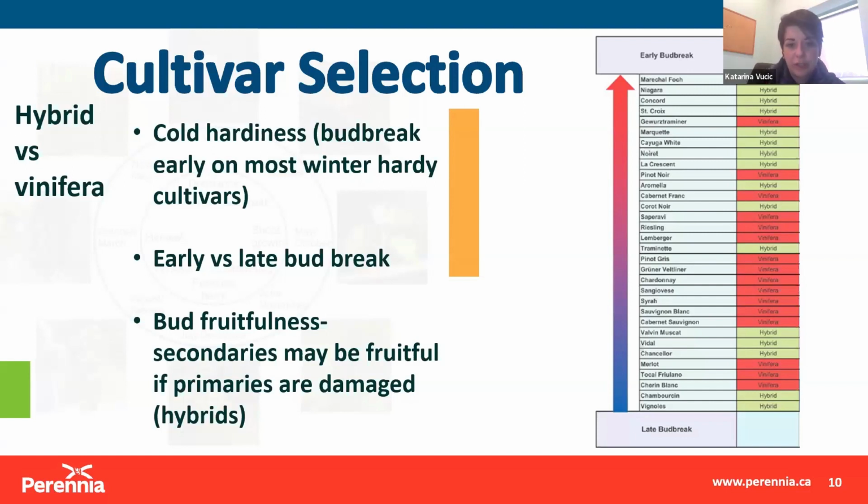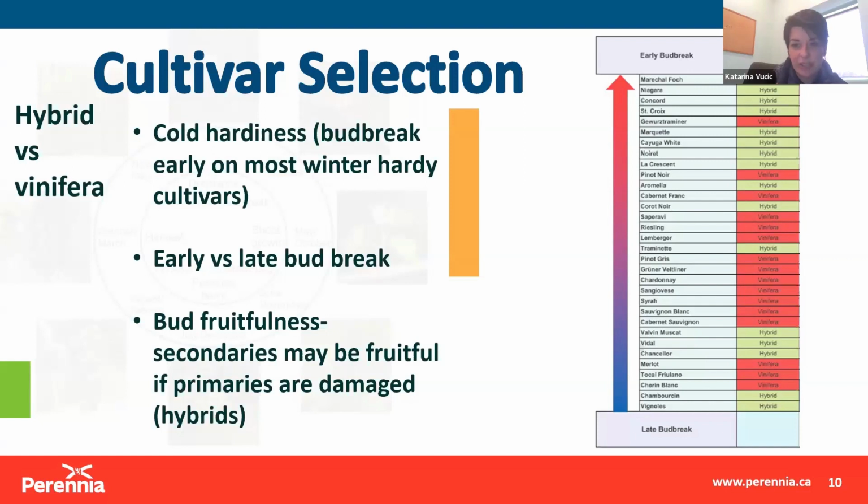So to avoid the risk of injury, plant cultivars with early bud break in the vineyard should be located in the sections of the vineyard with the lowest frost risk. Something to remember also, hybrids may be cold hardy, but they also acclimate and deacclimate faster than vinifera. So understanding your variety, the phenological cycle, and the time it takes between one stage to the next will help you anticipate and mitigate risks depending on the site and variety growing there.